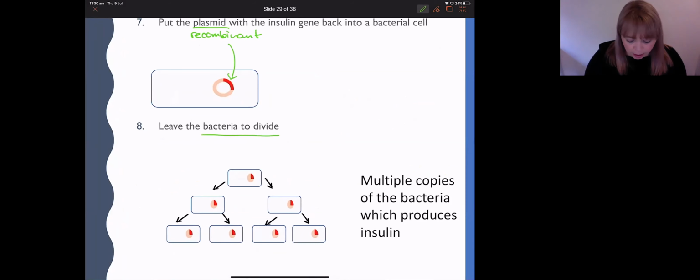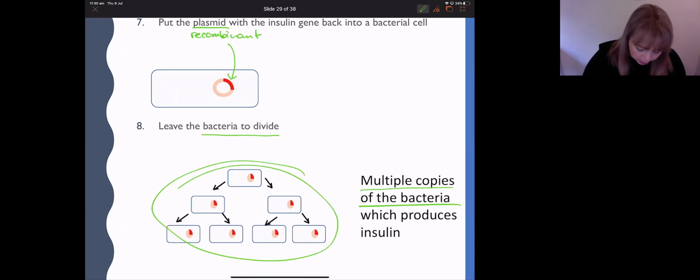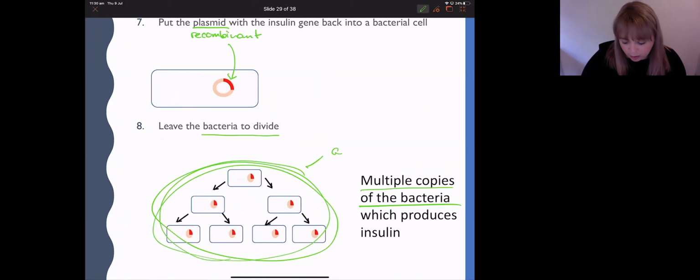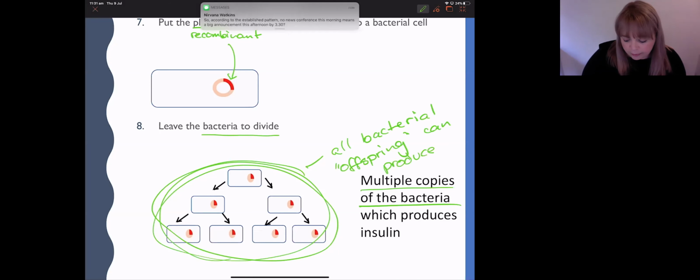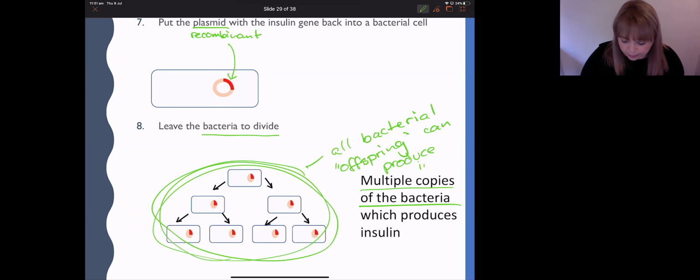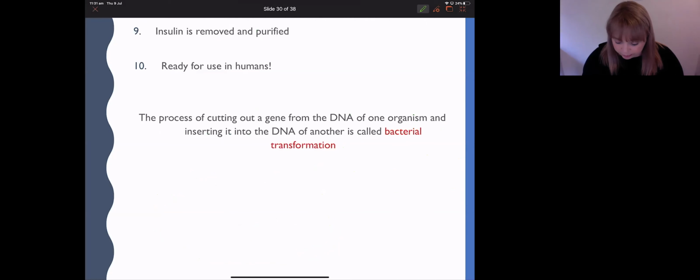Now your bacteria are going to divide. You've got to remember that there are going to be multiple copies of bacteria, and now all of these bacterial offspring, I'm going to call them, can produce insulin. Yeah, so now we've got all these bacterial offspring, they can produce insulin.